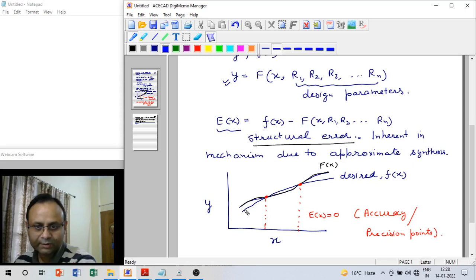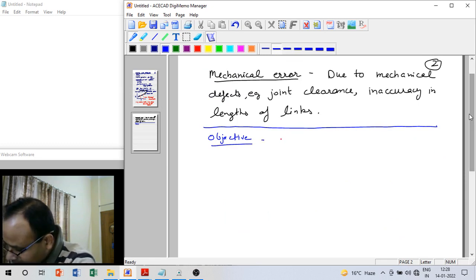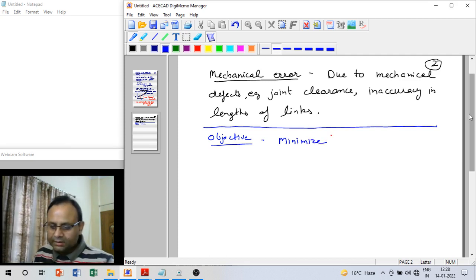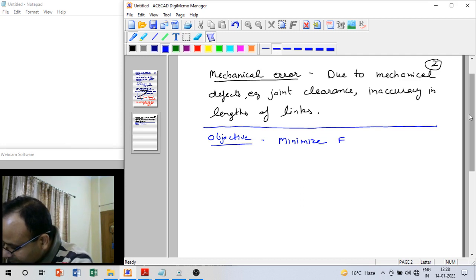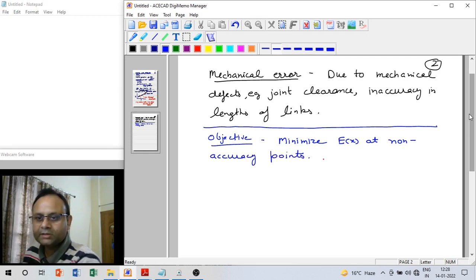It should not become too much. Maybe a couple of percent, 2-3% may be tolerable, but if it becomes 30%, I won't like it. So apart from accuracy points, our objective is also to minimize this structural error. I'm just writing it at non-accuracy points. This is our objective.